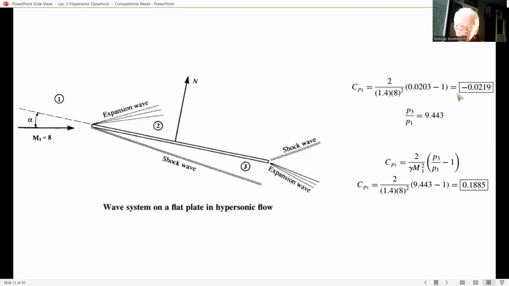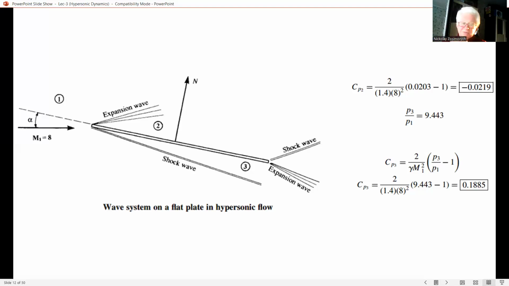Okay? So, to obtain the pressure coefficient on the bottom surface from oblique shock theory, our expression, with an angle of 15 degrees and Mach number of A, yields a shock wave angle of 21 degrees. So beta equals 21 degrees.